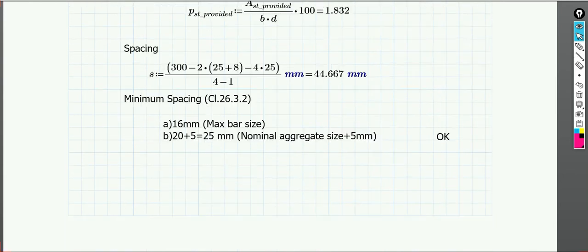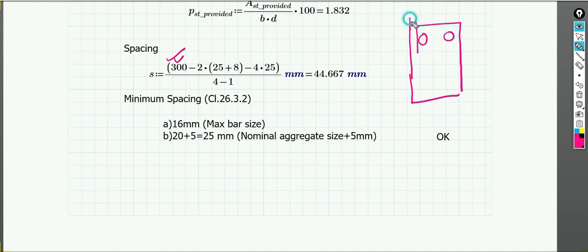Let's see that. Yeah, here spacing. So here we have a width B of 300 mm minus 2 into (25 plus 8). I have subtracted up to the edge. Here this was 25 cover, then we had a stirrup, which is 8, so total is 25 plus 8, into 2, from both sides you have to subtract that.